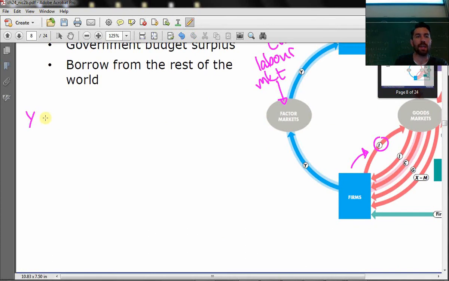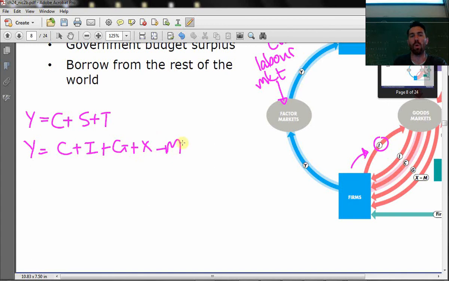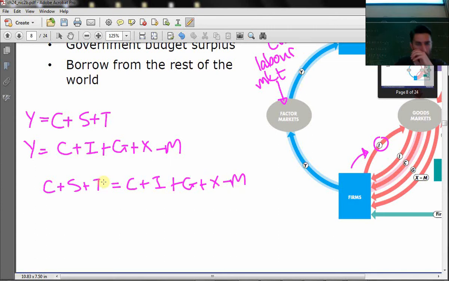Remember, any income to households becomes consumption, savings, or taxes. And any expenditure must be in the form of consumption expenditure, investment expenditure, government expenditure, or net exports, so exports minus imports. So we can equate these two equations. C plus S plus T must equal C plus I plus G plus X minus M. We can cancel the C's because those are the same.